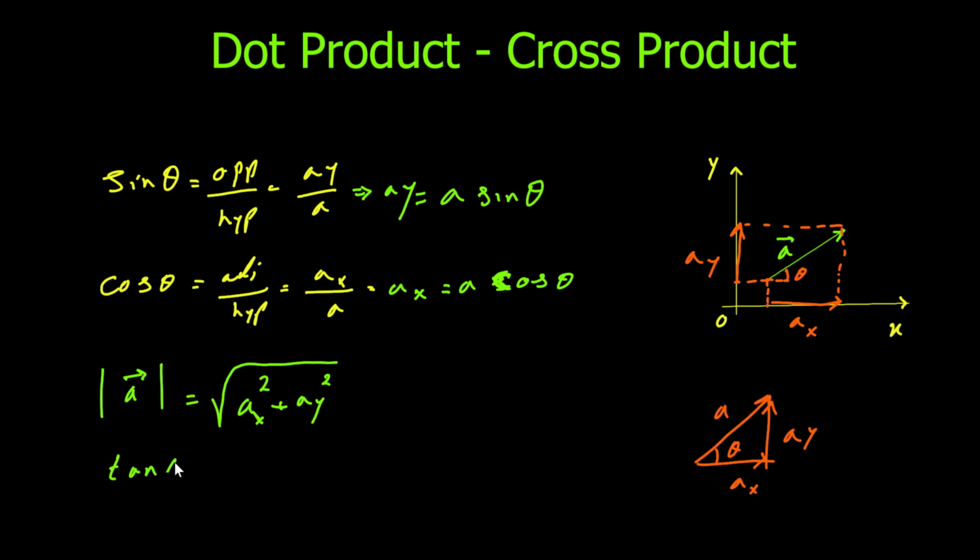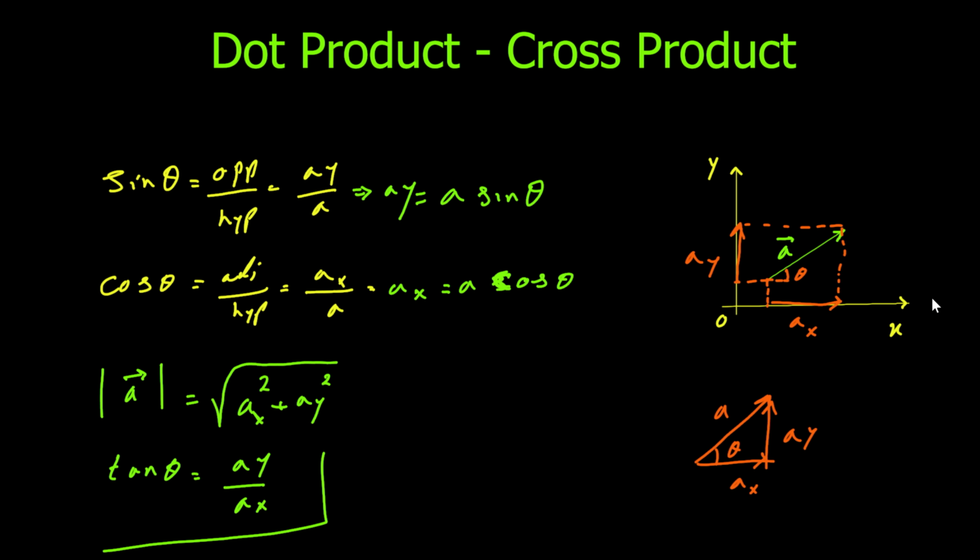The tangent of theta is equal to sine over cosine of theta, which gives us ay over ax. And if we take the tangent inverse of ay over ax, that gives us theta, the angle of that vector. So this is the very basics of vectors that we need to know in order to do the dot product and cross product.